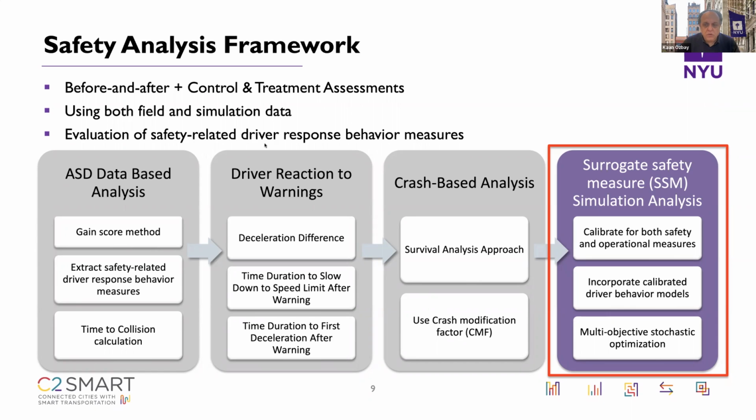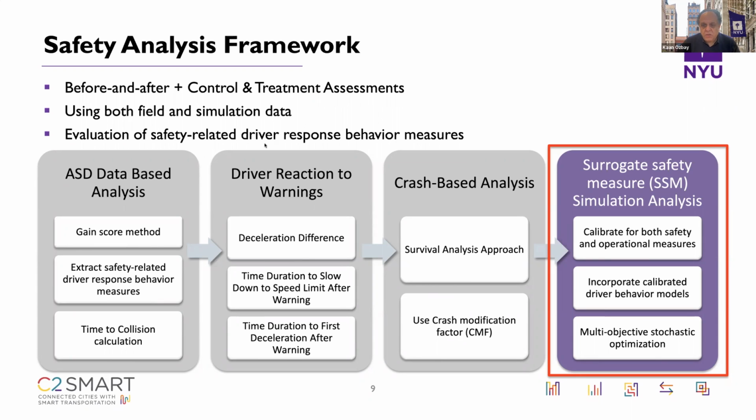But in order to do that in simulation, you need to calibrate your simulation for both safety and operational measures. Traditionally, simulation is calibrated for operational measures to make sure that it replicates what happens in terms of operations, without considering the safety.